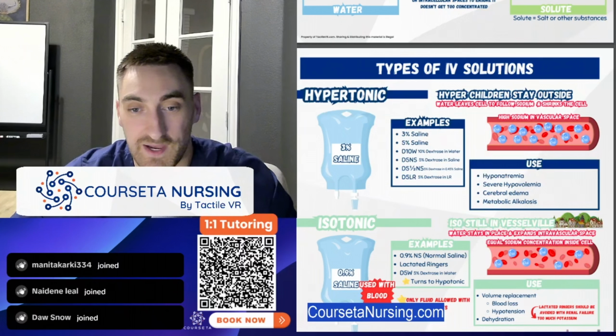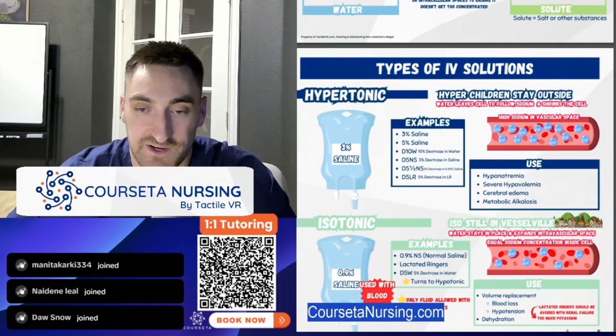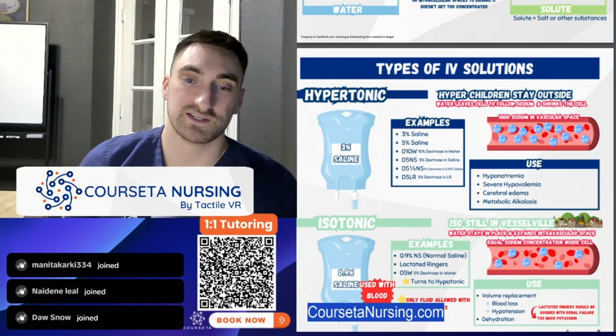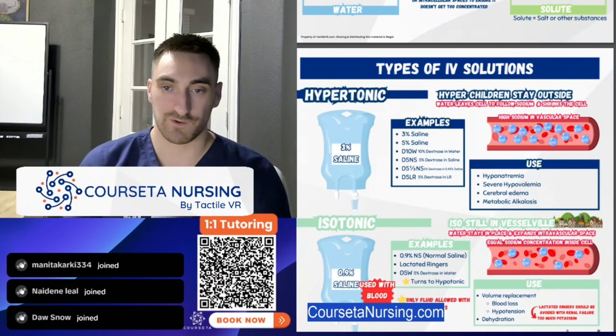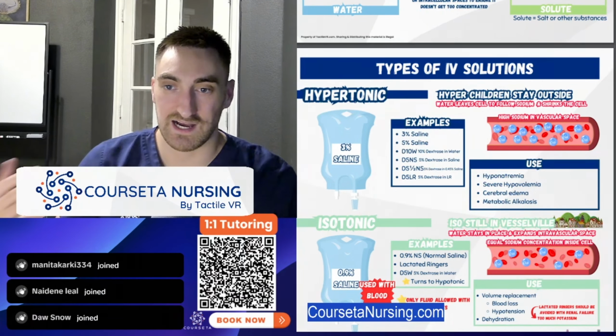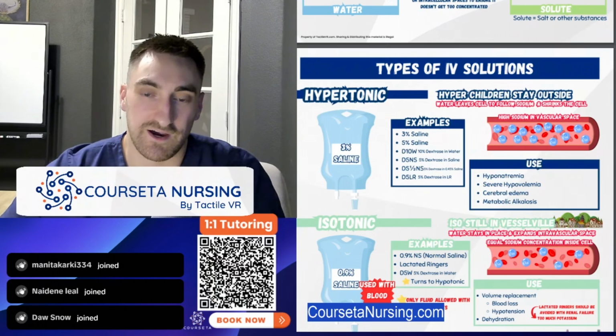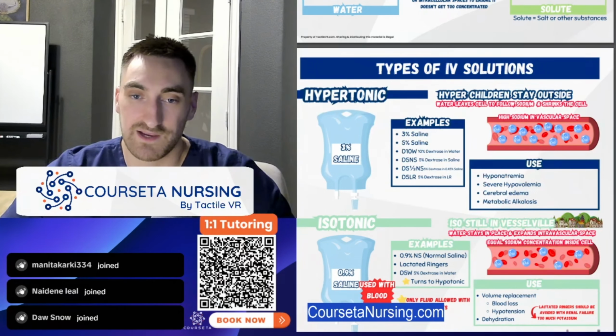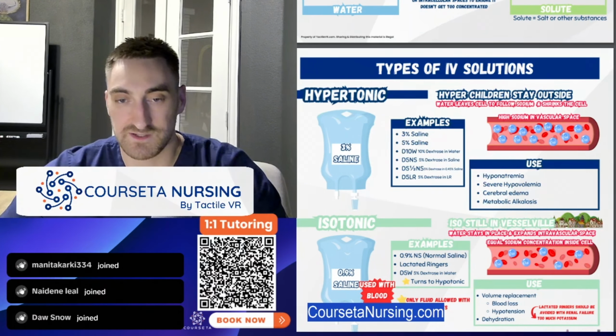Once again, let's refer back. If you understand osmosis, you're going to easily understand all these IV fluids: water goes from a lower concentration to a higher concentration. Well, where's the higher concentration of sodium now? It's in the vascular space because we're giving an IV fluid that has high amounts of sodium. All right, so we give that high sodium content in the vascular space.